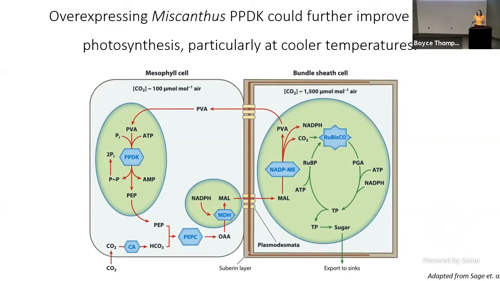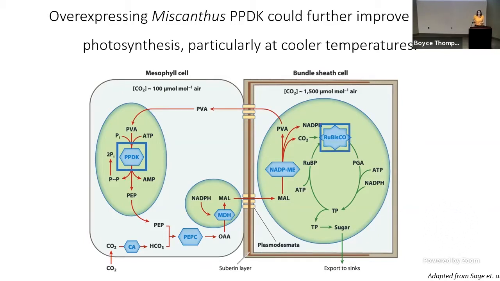So that made us think maybe we should be looking for another limiting step in that C4 pathway. So here, with PPDK, not only are we having more PPDK to funnel more carbon to Rubisco, we're also potentially expressing a PPDK that's more chilling resistant and would make that pathway more effective at colder temperatures.